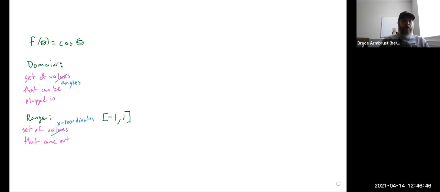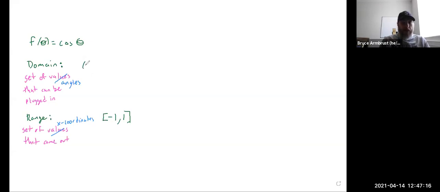Now, in terms of the domain, the question is, is there ever an angle where we're not going to be able to get the cosine value? So here's how to think about it with the unit circle: is there ever an angle whose terminal side does not intersect the unit circle? Well, of course not. Everything that comes out of the origin, you draw a ray, is going to intersect that circle.